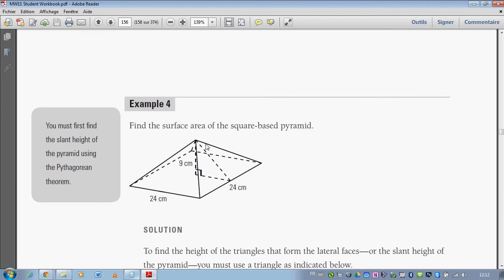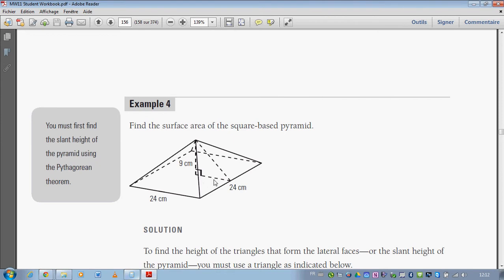So what you're going to have to do is actually use the Pythagorean theorem using the height of the pyramid and half the length of the square base. So if this total side right here is 24 centimeters, then you can assume that from the middle of the pyramid to one outer edge of the pyramid would be half of that.